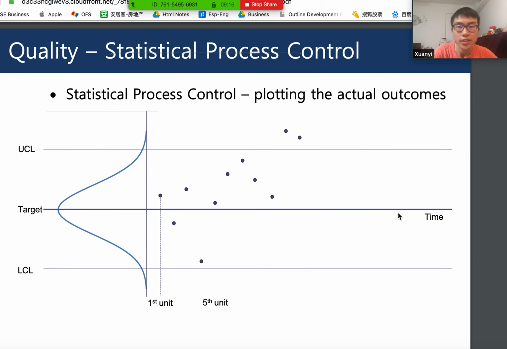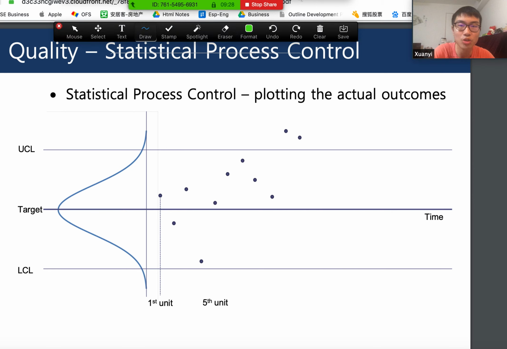Okay. Then let's look at here. Our target is right here, and we can see there are some outliers in this graph. We can see some dots going to the UCL. What does UCL mean? It's really simple. UCL means upper control level.